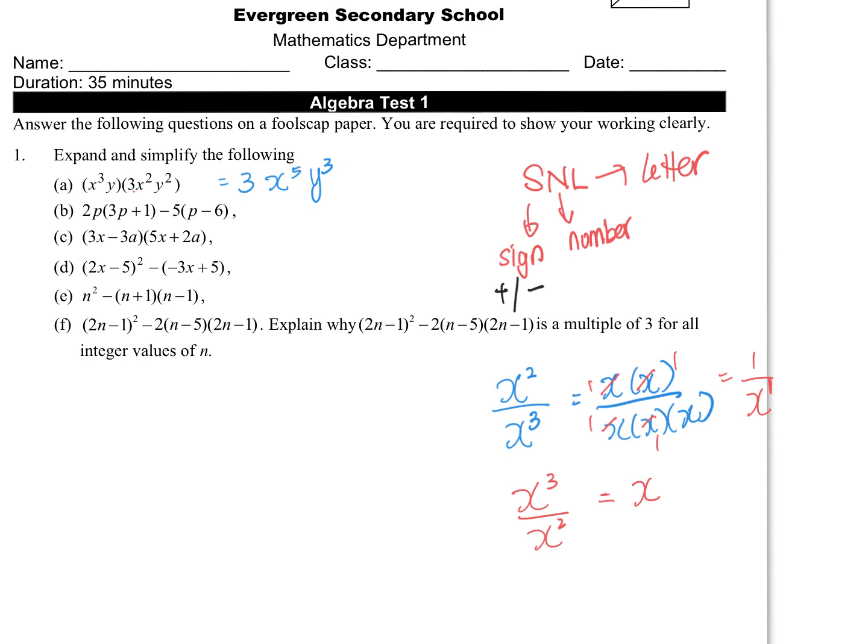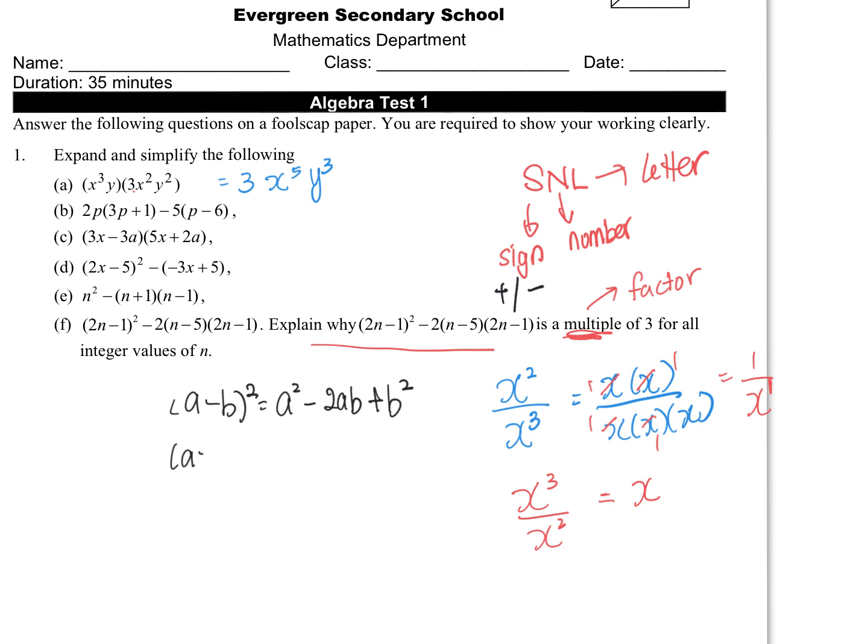Now, the second thing is when you are doing this paper, take note what is the meaning of a multiple. Write this down. Multiple is the same as factor of 3. So when you are doing this kind of expansion, I strongly encourage you to use the formula, which is a squared minus 2ab plus b squared.